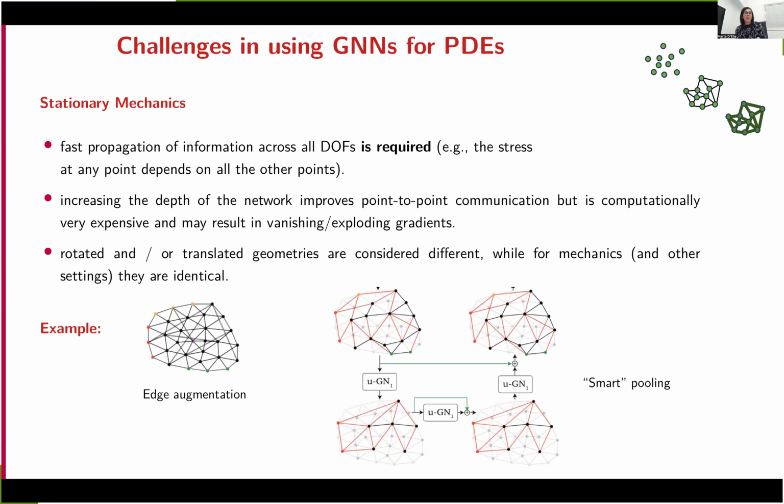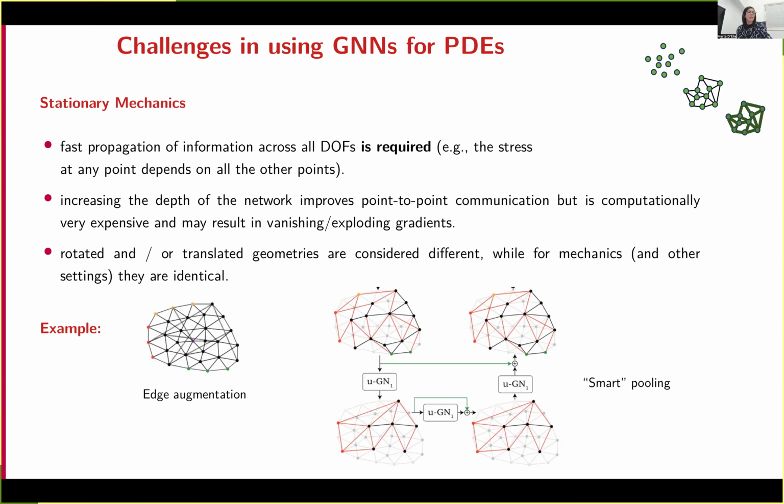This is the contrast between depth and stability that we need to take into account. GraphNets can present vanishing or exploding gradients as we go deeper and deeper. So we need to find a way, in the context of mechanics, to accelerate message propagation without compromising the stability of the network.